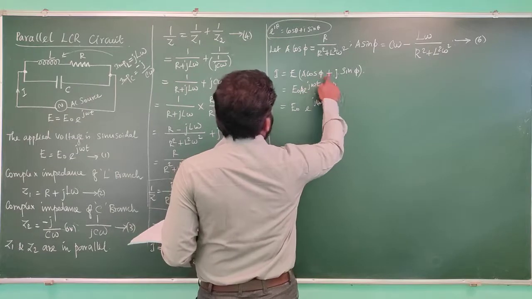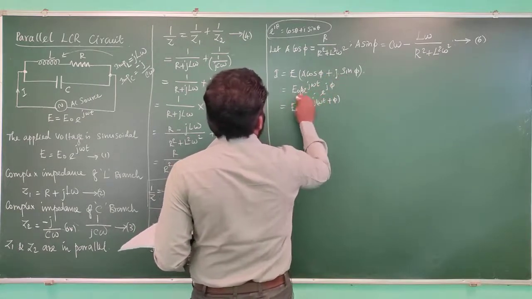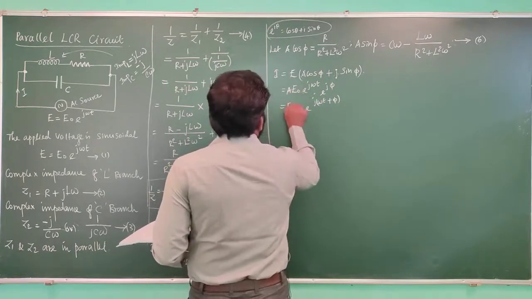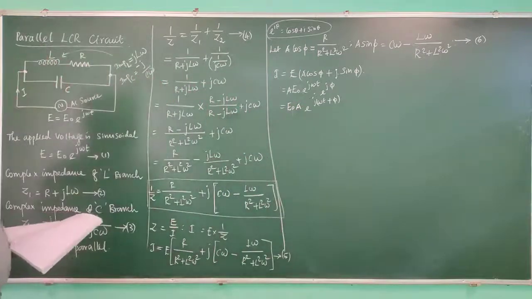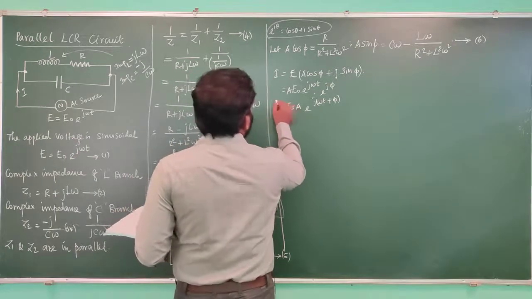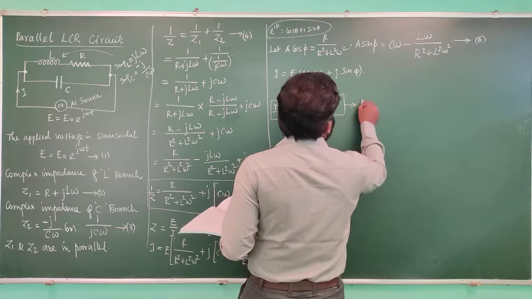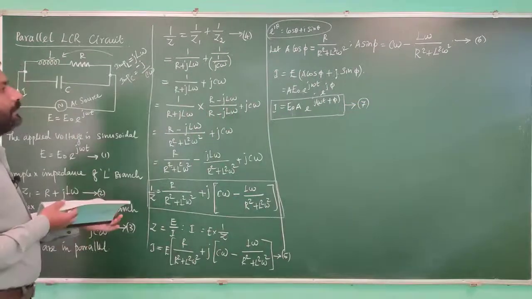Cos phi plus j sin phi is e power j phi, and there is an extra A that you have to include here, so that it becomes E naught A e power j (omega t plus phi). This is equal to I. This is equation number 7.